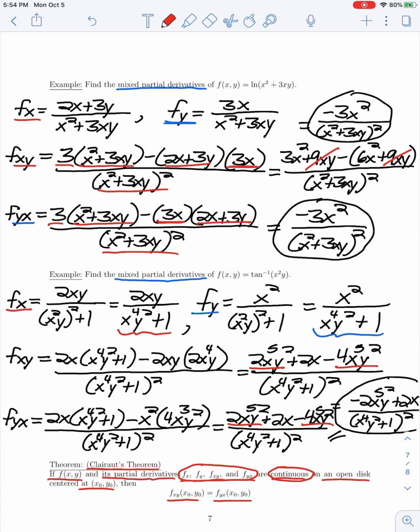And I'll mention, for the purposes of our course, the functions that we work with are always sufficiently nice such that these mixed partials will be equal to one another. So from this point moving forward, we will always assume that those mixed partials will be equivalent. It takes a very nasty function for those mixed partials to not be equal.